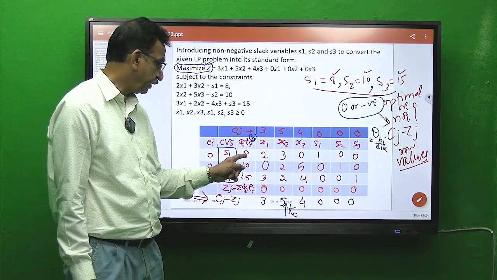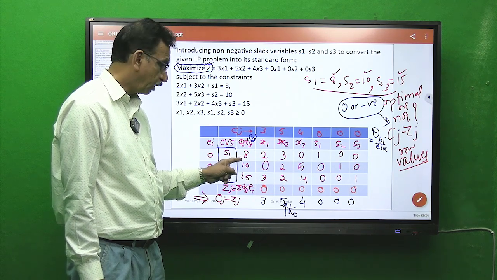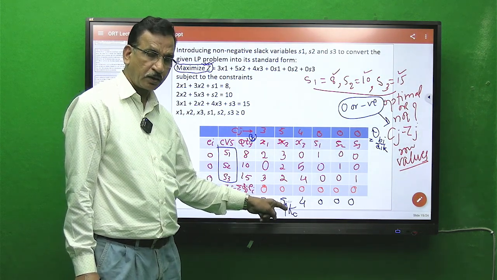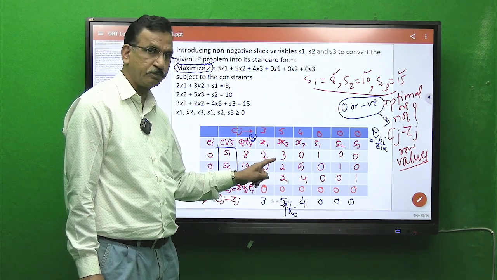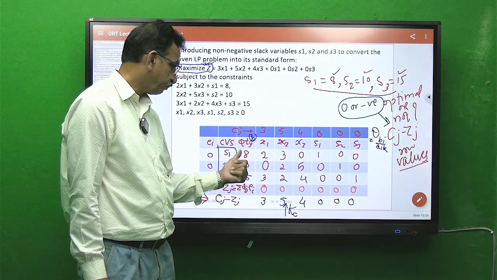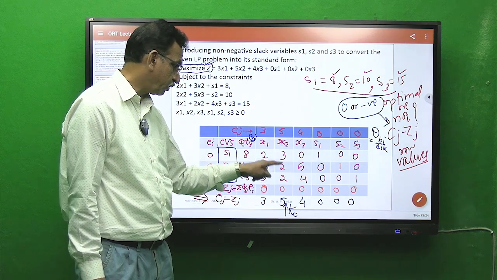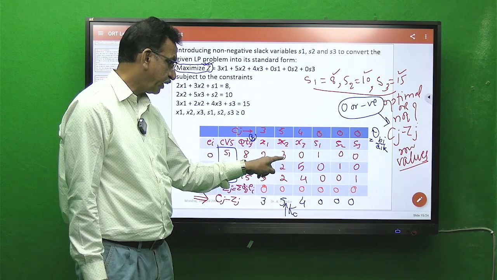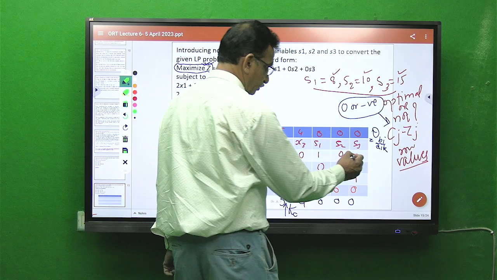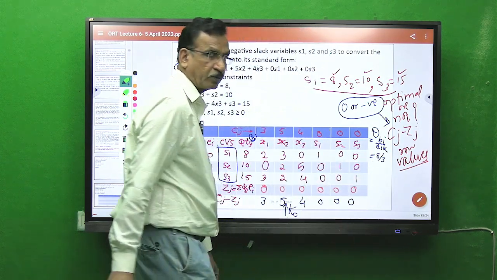So the value of b is the quantity 8 upon the kth column a_i value. So it will be 8 by, for this kth column a_ij is 3. So it will be 8 by 3.